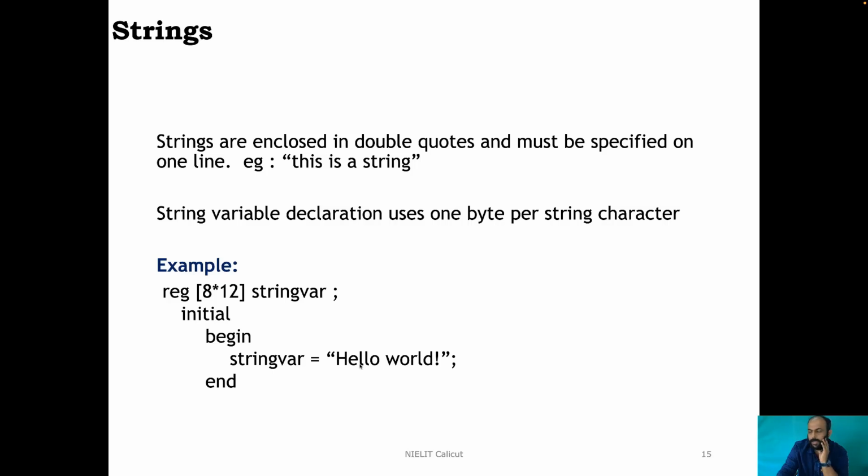So there are a total of 12 characters, and each character will take 1 byte of memory for storing a string. So the variable which we are creating for storage of a string must have a width of the total number of characters times 8. Here there are 12 characters to be stored as part of this string. So 12 times 8 should be the width of the variable called string var, which is used for storage of this particular string hello world.